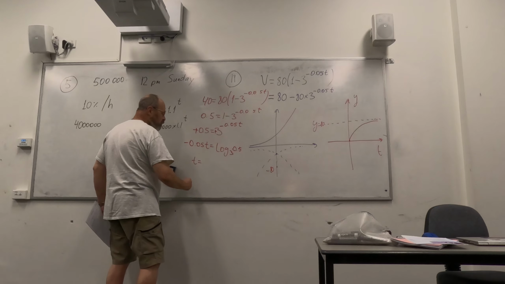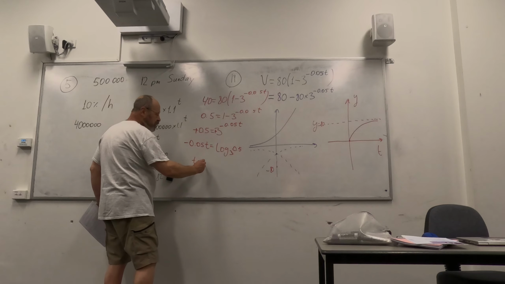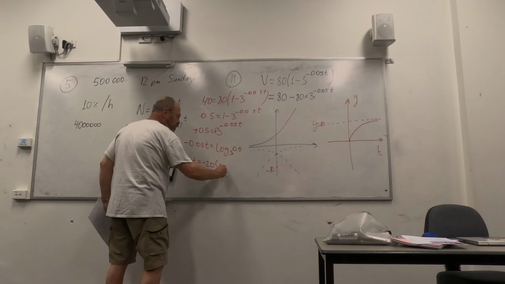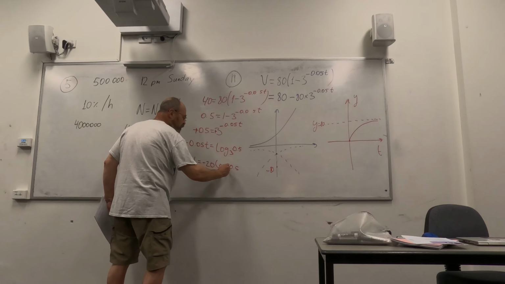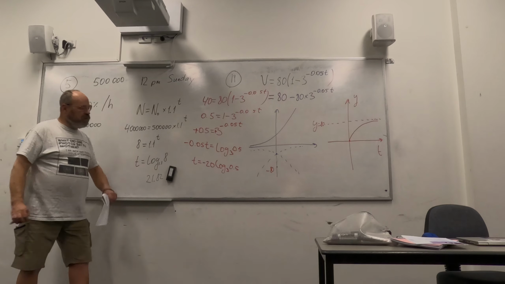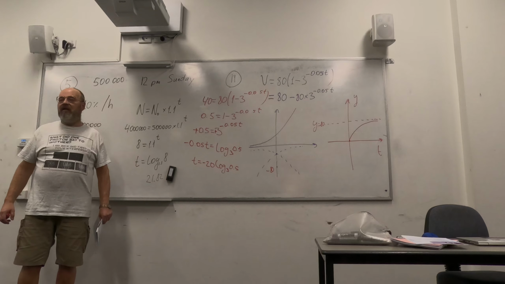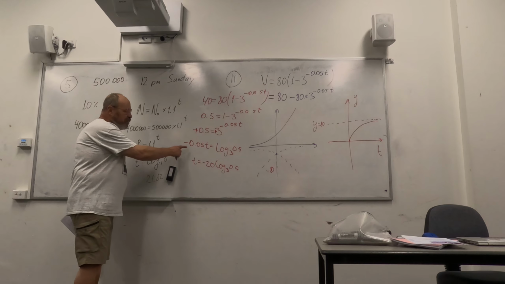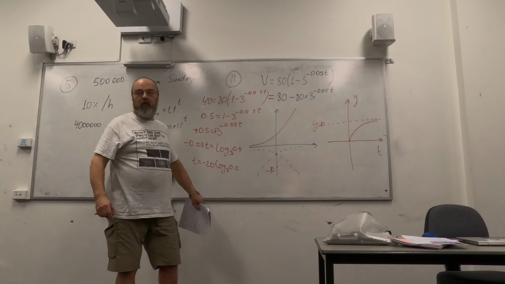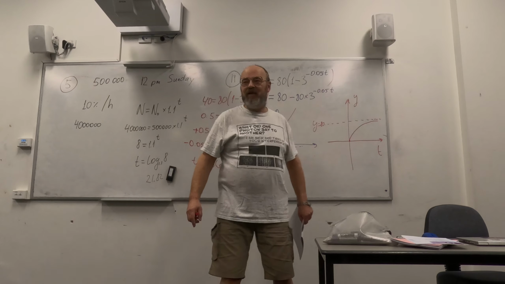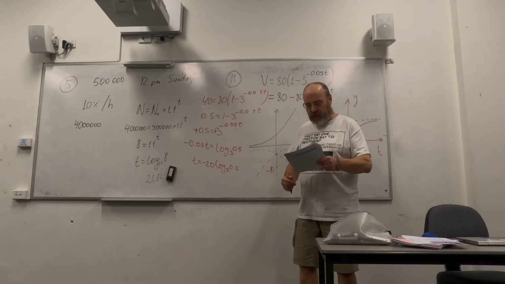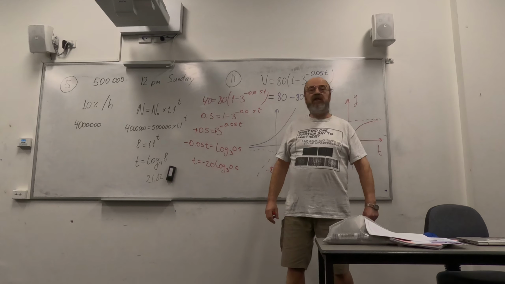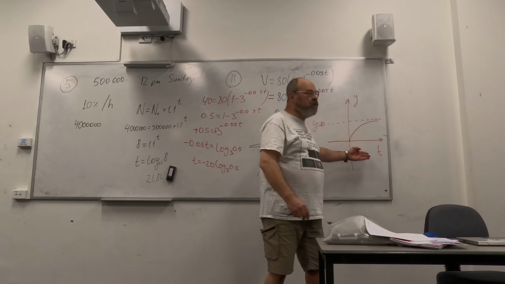So t equals negative 20 log of 0.5 with base 3. How did I get 20? Divide by that, in other words times by 20, since 1 divided by 0.05 equals 20. Then you put it into the calculator. It also asks to sketch the graph, but we started by sketching the graph.